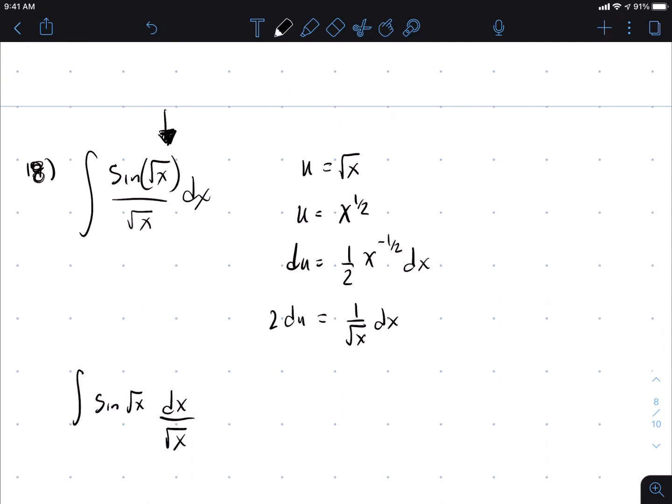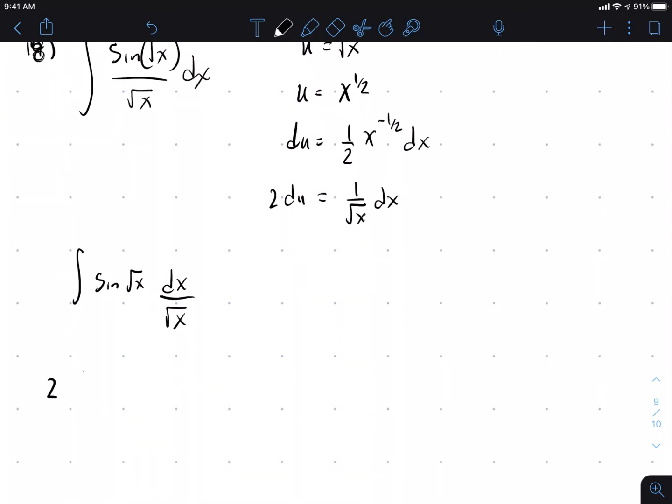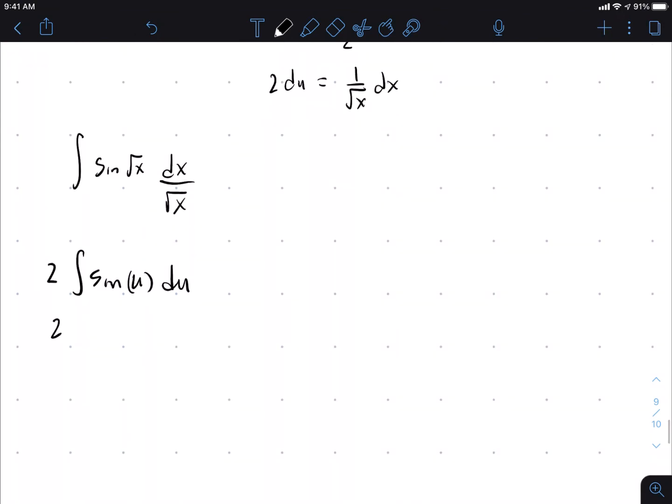Sure is. So according to our u-sub, it should be sine of u du. Right? 2 du is dx over root of x, correct? So then what is the integral of sine?